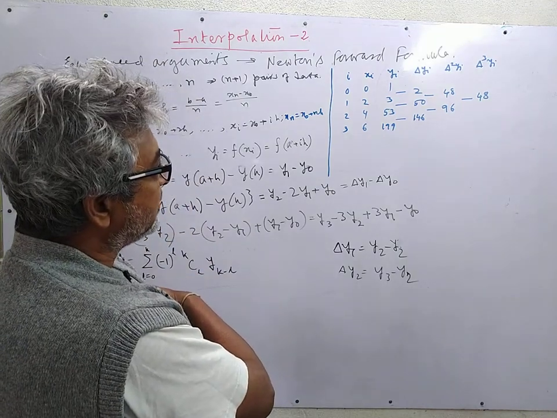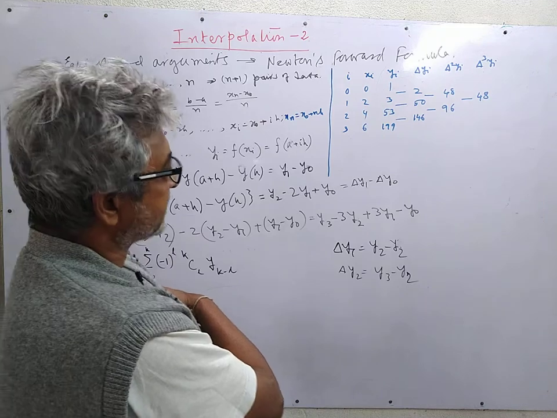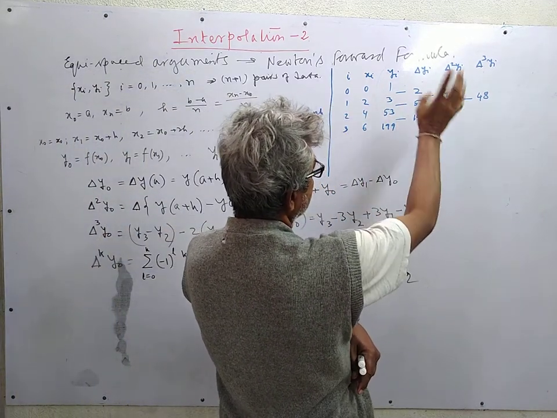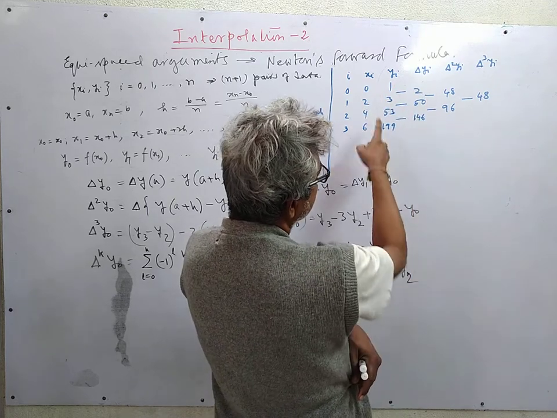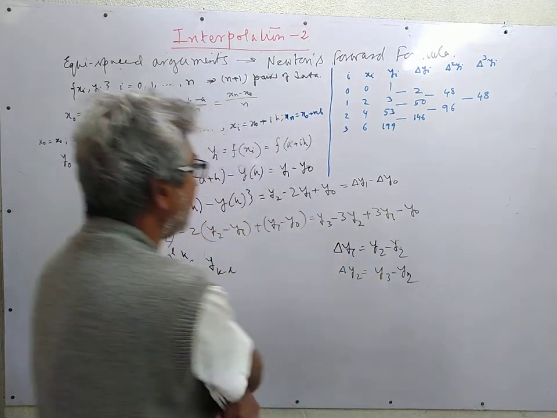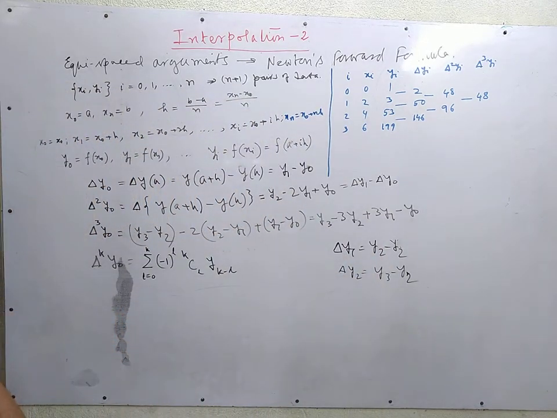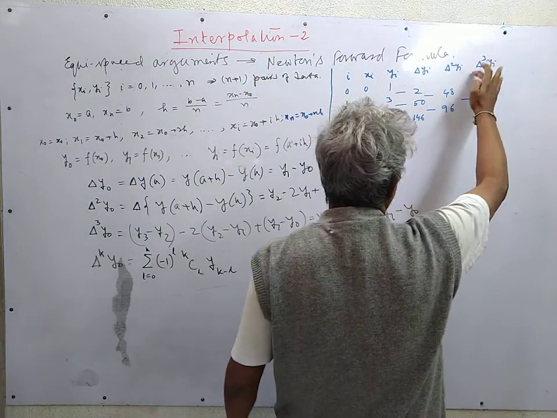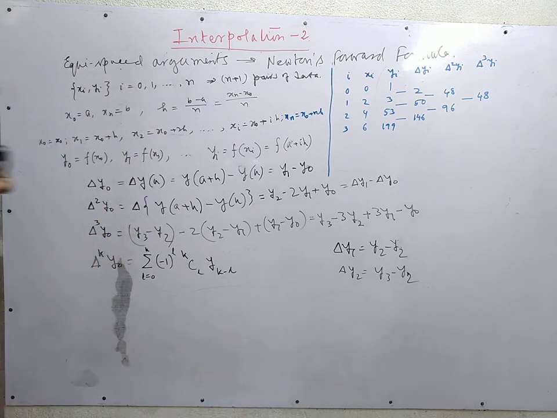So this is y1, this is delta y1, this is delta 2 y1. This is y3, this is delta of y3. As the number of data is small, we cannot calculate higher order differences of y. So this is the use of the difference table.